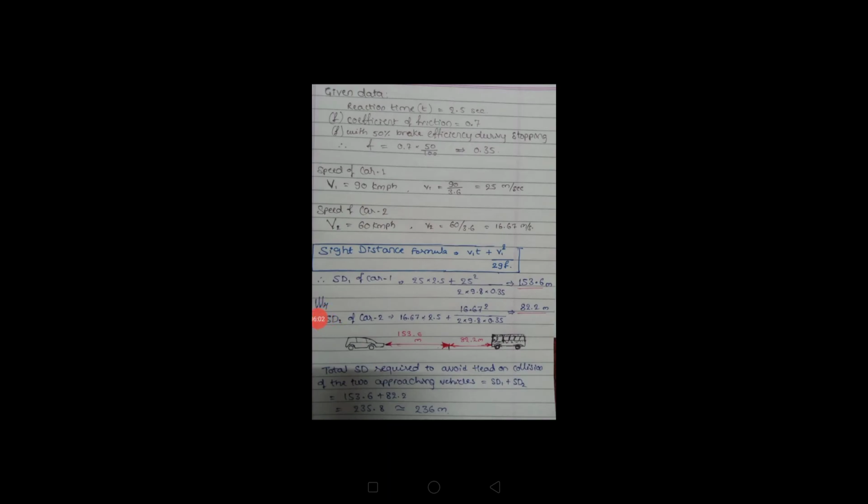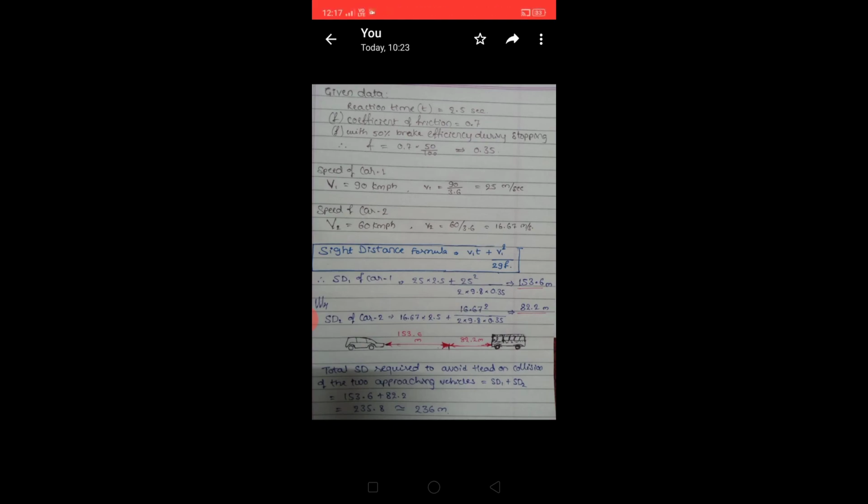Another formula is 0.278 Vt plus V squared divided by 2g(f plus or minus n percent), in terms of kilometers per hour. Taking the values, it comes out to be 153.6 meters for car 1, and similarly for car 2, it is 82.82 meters.